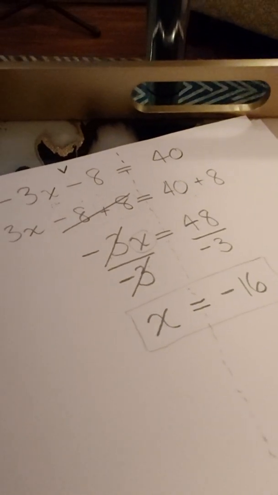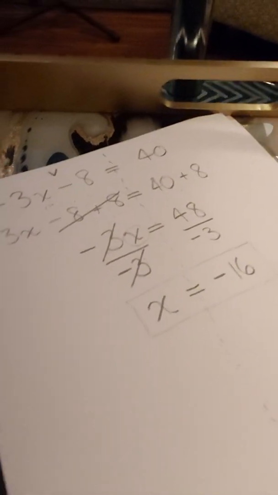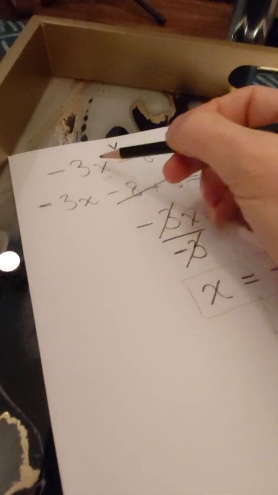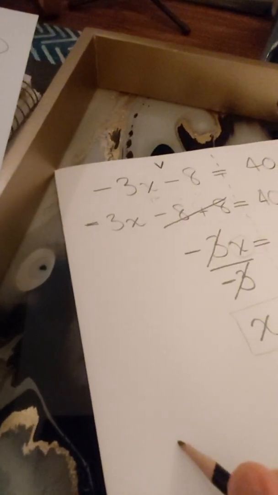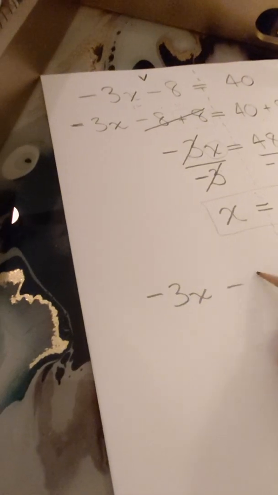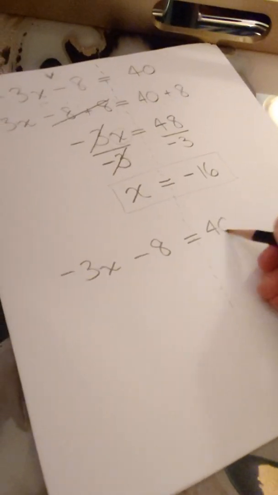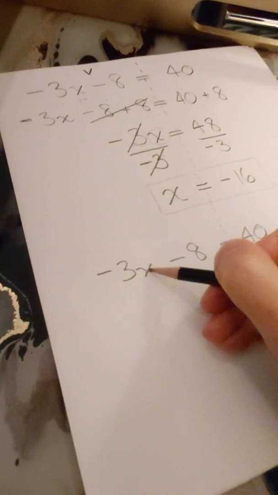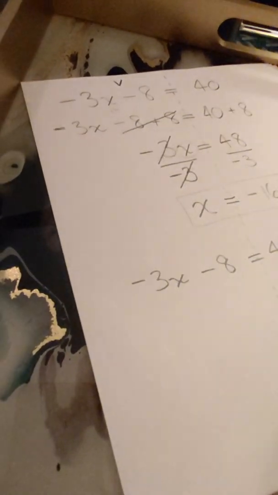So how can I prove that that is in fact correct? The only way to do that is to put my answer back into the original equation. So I'm going to rewrite it out again. Negative 3x minus 8 equals 40. All right? So I'm going to replace this x now with negative 16.